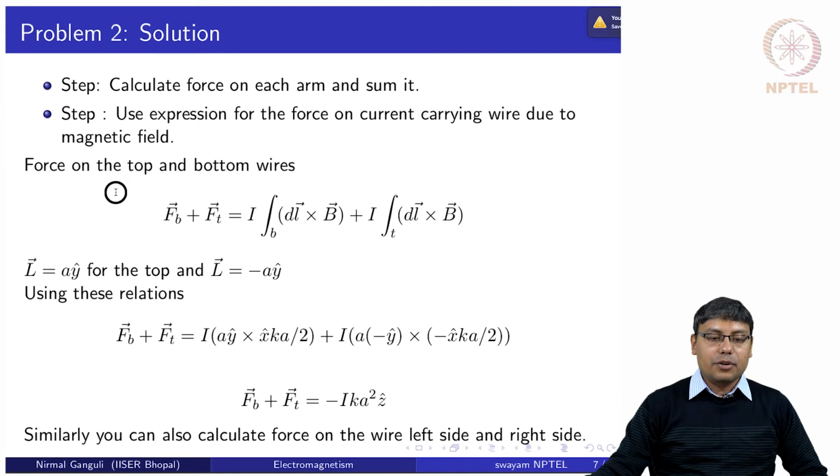Force on the top and bottom part of the loop can be given as Fb, that's bottom, plus Ft, that's top, I times integration over dl cross B over the bottom arm plus the same integral over the top arm.